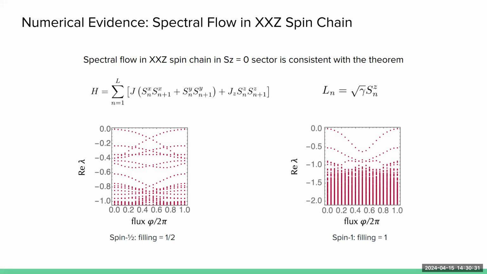For Oshikawa's original argument, you can do adiabatic flux insertion since the twisted Hamiltonian is still a Hamiltonian. But here, if you do this adiabatic flux insertion, the twisted Lindbladian is not a Lindbladian anymore, right? So how do you justify this adiabatic flux insertion?